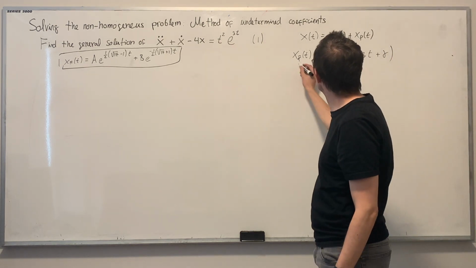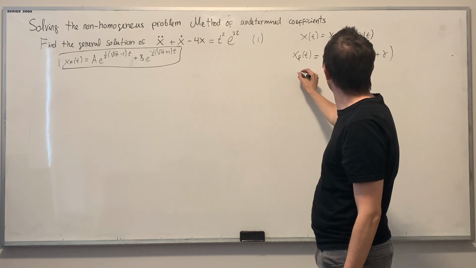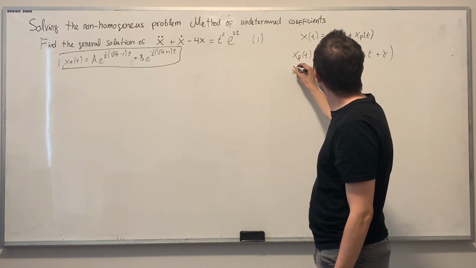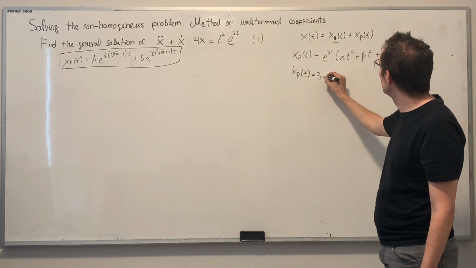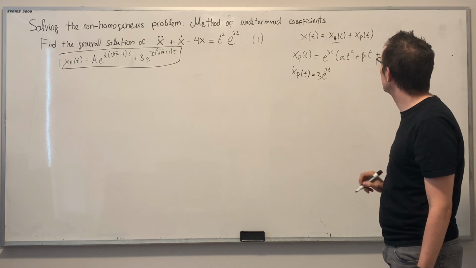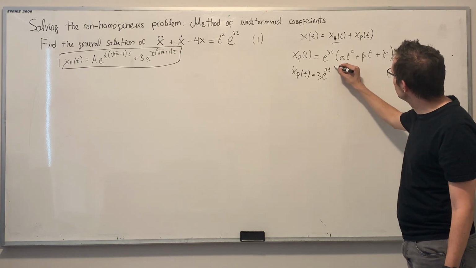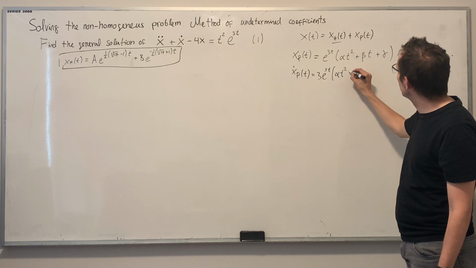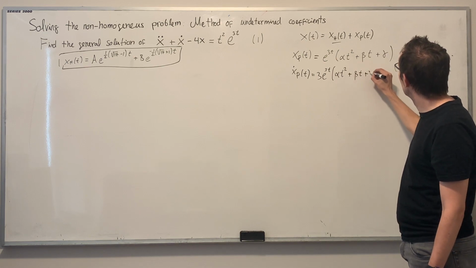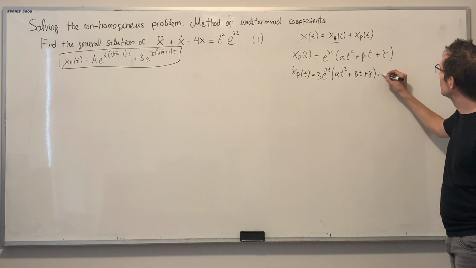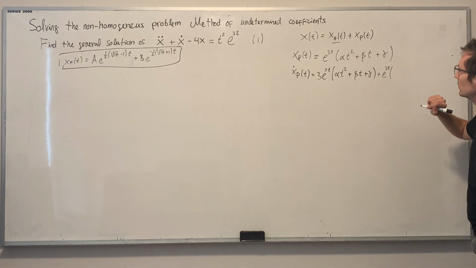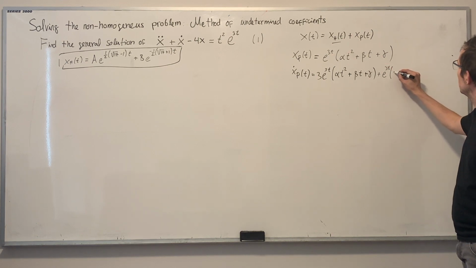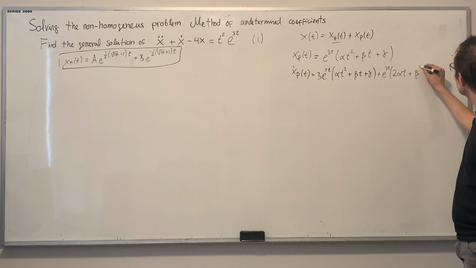Maybe I'll write them here. xp dot is, we take the derivative of the first factor, which is 3 exponential of 3t, times the second, alpha t squared plus beta t plus gamma, and then plus the exponential of 3t times the derivative of the second one, which gives me 2 alpha t plus beta.